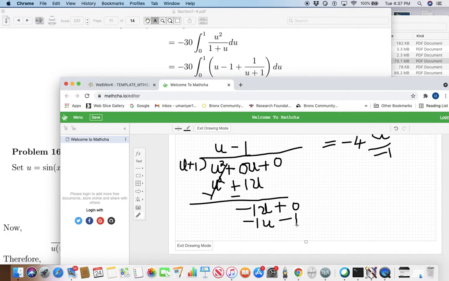Remember, we always subtract the second line from the first. That is, we change signs, which tells you this cancels. This gives me positive 1, which is your remainder. In other words, quotient is u minus 1. Remainder is 1. So remainder is not 0, so I'm still basically dividing. That's why 1 over u plus 1.